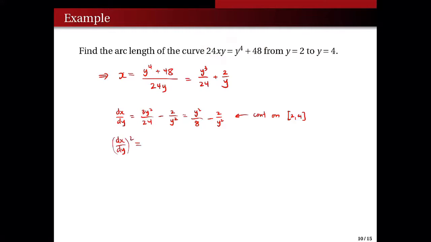So if we square this, we'll get y to the 4 over 64 minus twice the product y squared over 8 times 2 over y squared, then plus 4 over y to the 4th. So if you simplify this, you will get y to the 4 over 64 minus 1 half plus 4 over y to the 4. Okay?